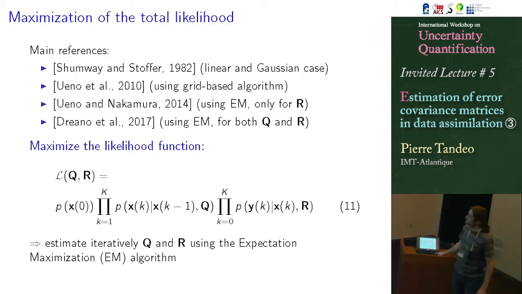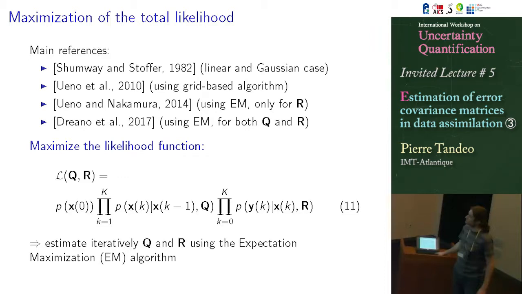Basically, you put in an initial condition for Q and R, and then we compute an expectation of this likelihood function. So we use Q and R, we launch the Kalman filter and Kalman smoother, and we are able to compute the expectation.